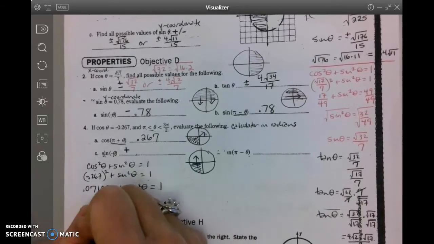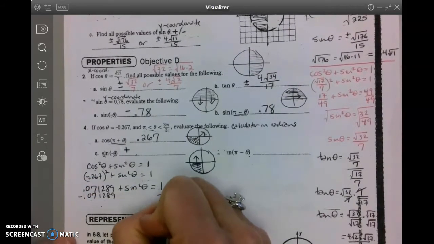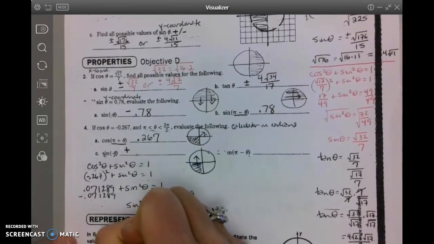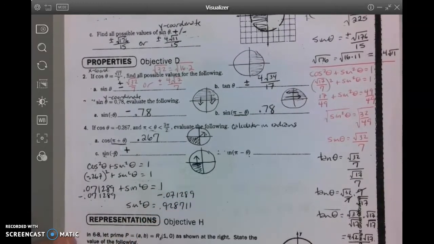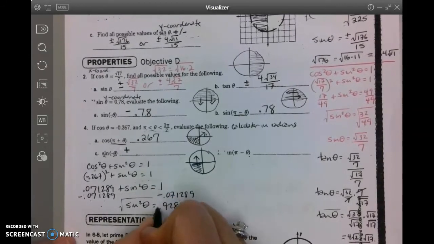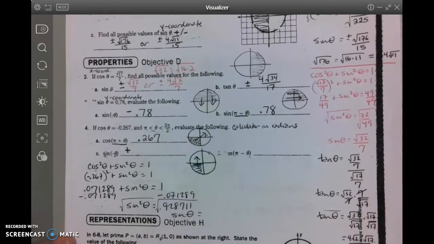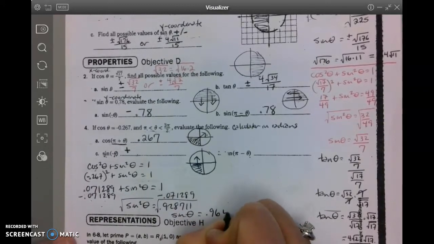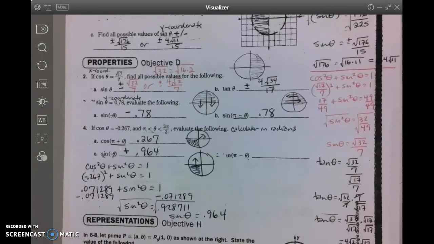When I subtract this from both sides, I get that sine squared of theta equals 0.928711, and then take the square root, and I get that sine of theta, I don't need plus or minus, I only need plus, and I get 0.964. I go to 3 decimal places since this was 3 decimal places.